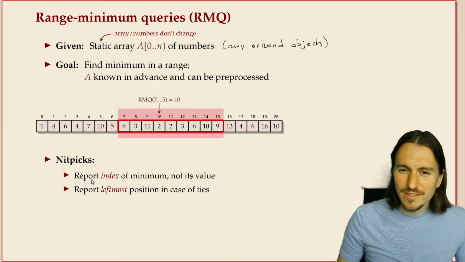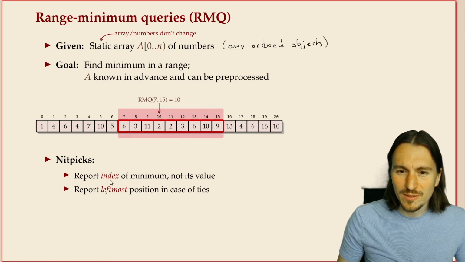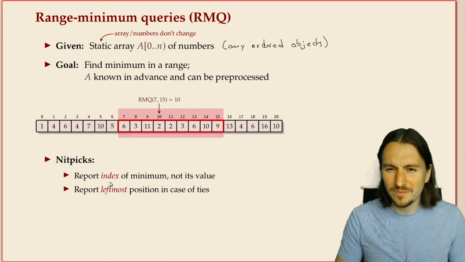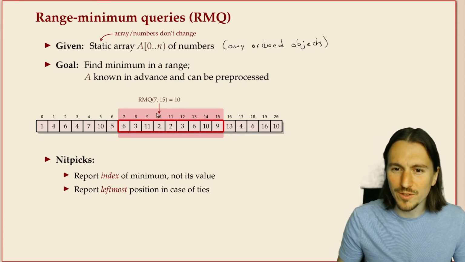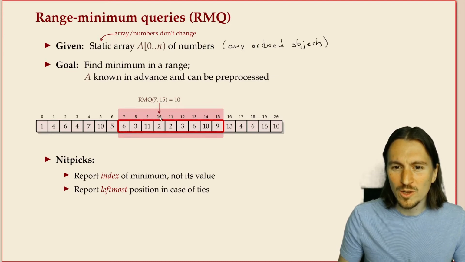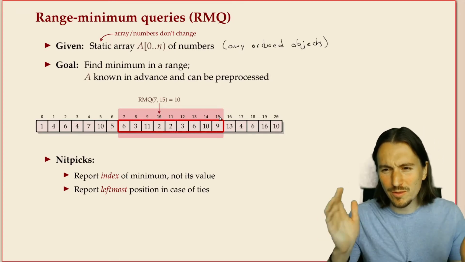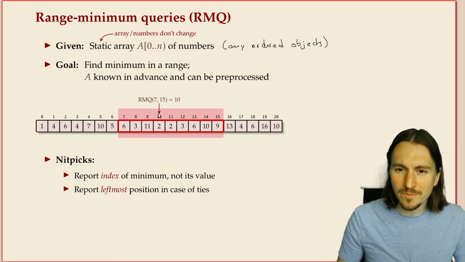Two little details of the definition: we report the index instead of the value. That's a minor thing because you can always look in the array. So if I say RMQ of 7 and 15 is 10, what that means is the range that stretches from 7 to 15, both inclusive, has a minimum at position 10.